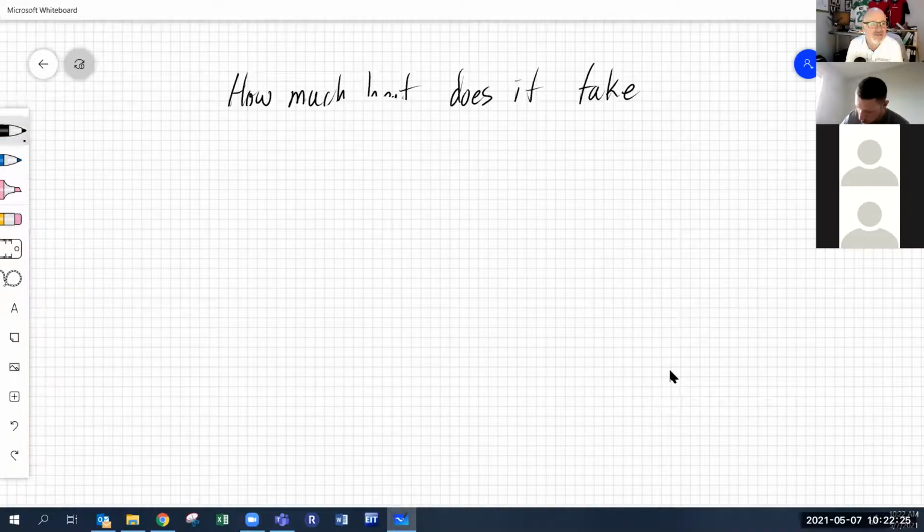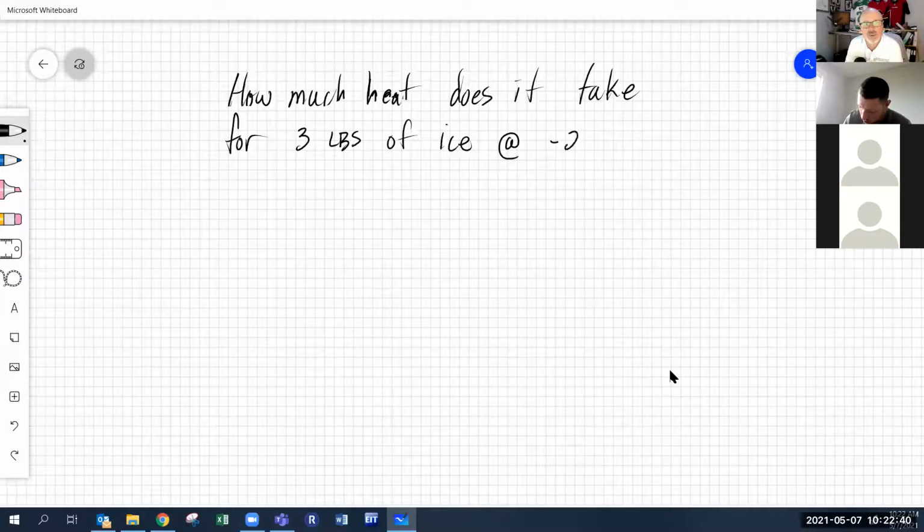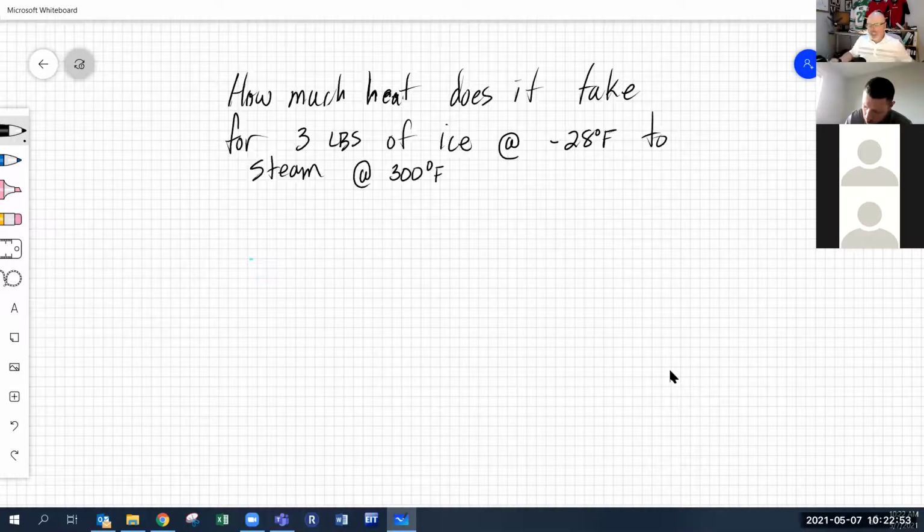How much heat does it take for 3 pounds of ice at minus 28 degrees Fahrenheit to steam at 300 degrees Fahrenheit? I want to know how much heat it takes to get us there.